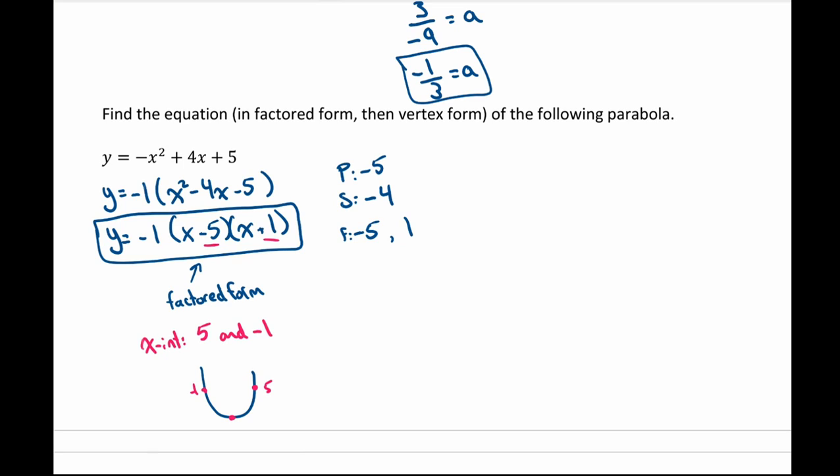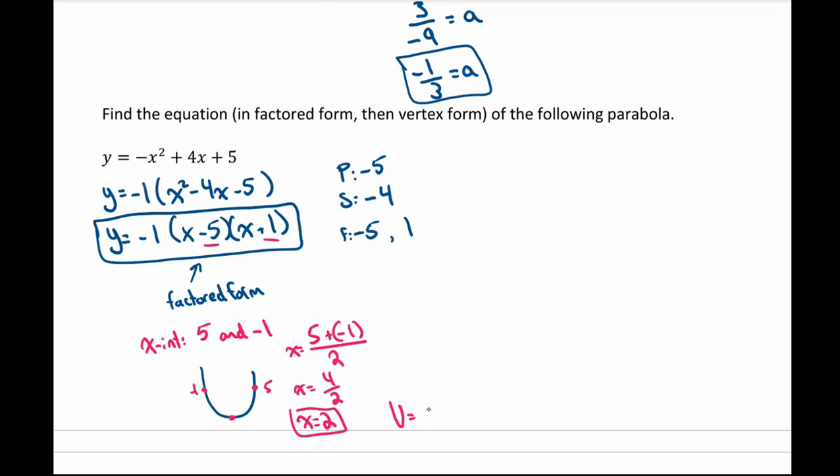So I need to figure out what value is in the middle of 5 and -1. To figure that out, I can add them together. So 5 plus -1, then divided by 2. I get 4 divided by 2, x equals 2.